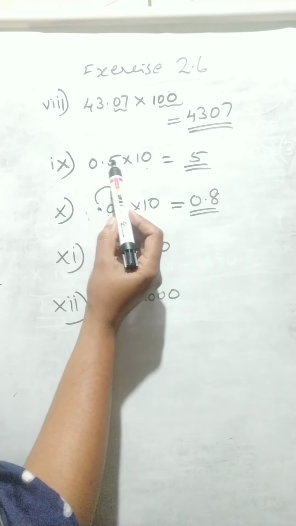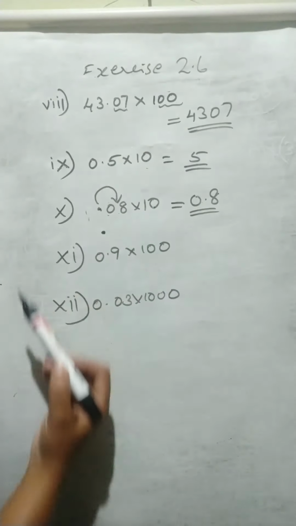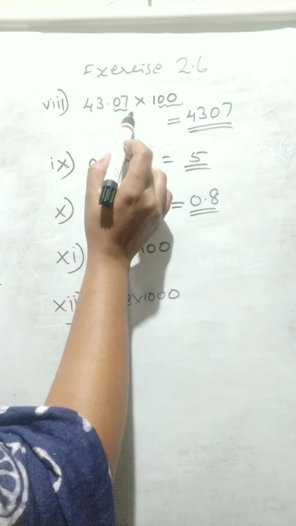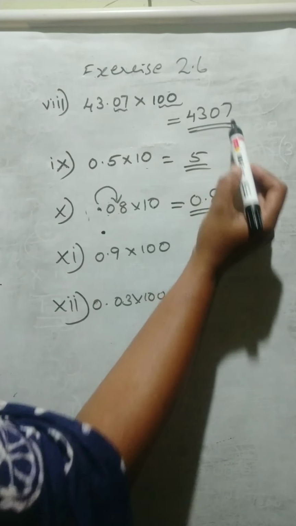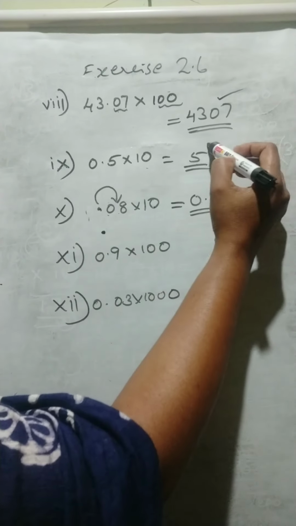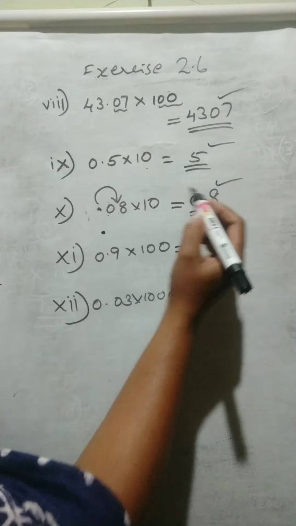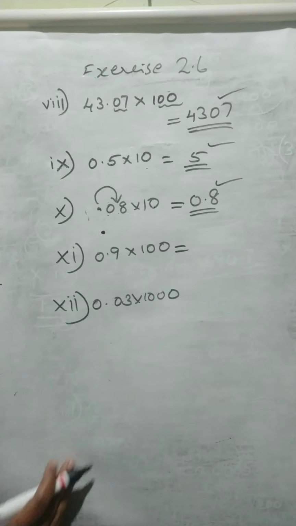Then 0.5. Here we got 5. 5 is greater than 0.5. Then here 43.07 is smaller than 4307. The product is greater in each case. Okay. Then when we are multiplying by 10, 100, 1000, we will get a greater number itself in the product.